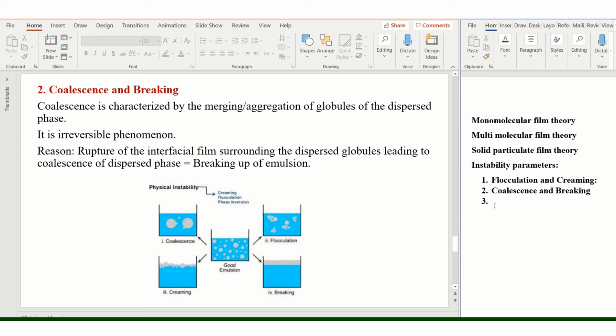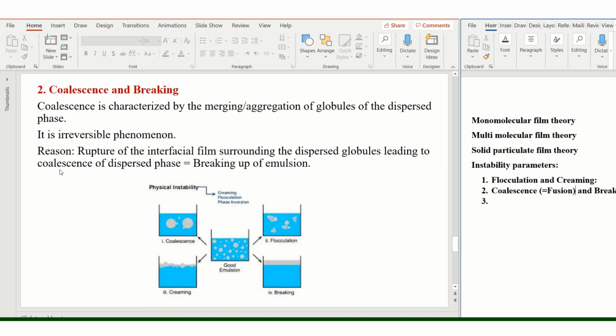The name itself indicates it: coalescence here is known as fusion. So coalescence is actually characterized by the aggregation of globules or droplets of the dispersed phase. The important thing is it is an irreversible phenomenon.